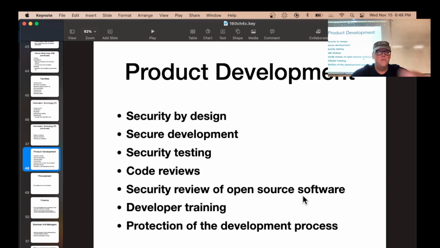They have problems too. And training your developers, and as I just mentioned in the news, protecting the development process. Threat actors now attack your development, compiling, and deploying process to add malware to your code before it goes out. And that means you need to consider that all the stages of product development are protected.